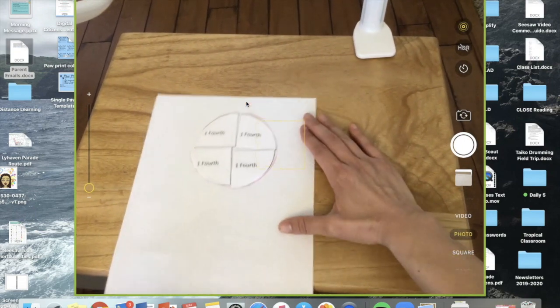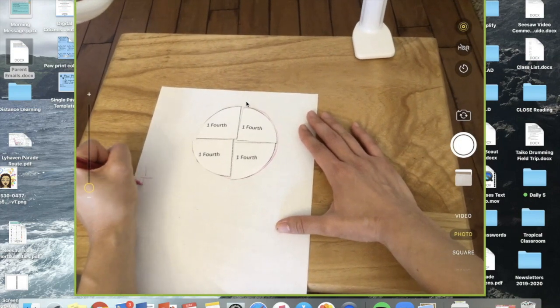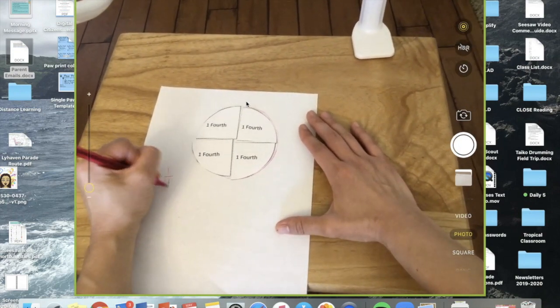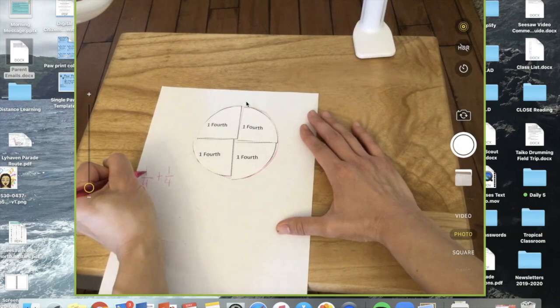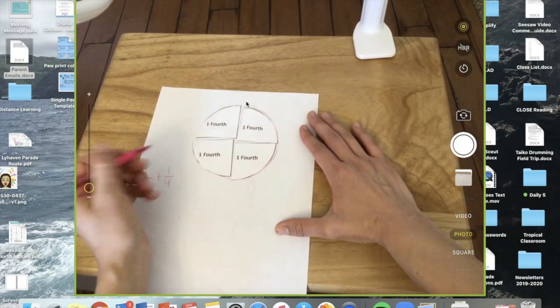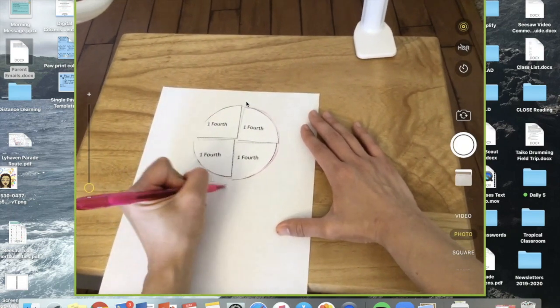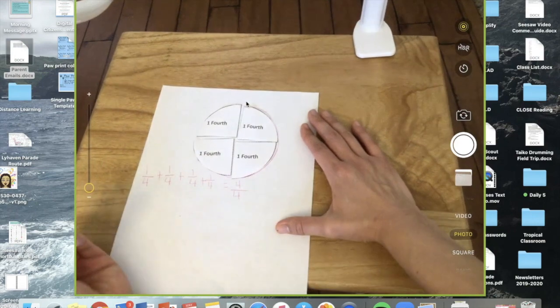So if I'm writing that, I'm going to write 1/4. That's how you write the fraction, because it's one part out of four total parts. And each is 1/4, okay? 1/4 plus 1/4 plus 1/4 plus 1/4 equals 4/4, okay?